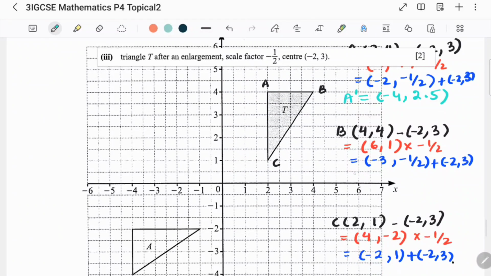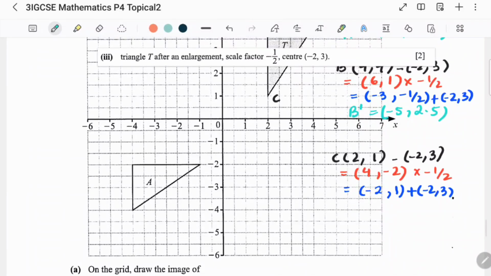Now B prime is minus 3, and then you're going to add minus 2, which will become minus 5. And then you're going to subtract half from 3, so that becomes 2.5 again. And now C prime.